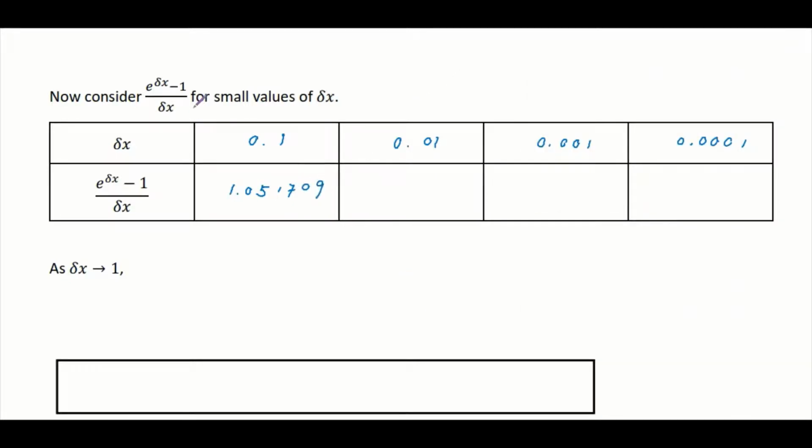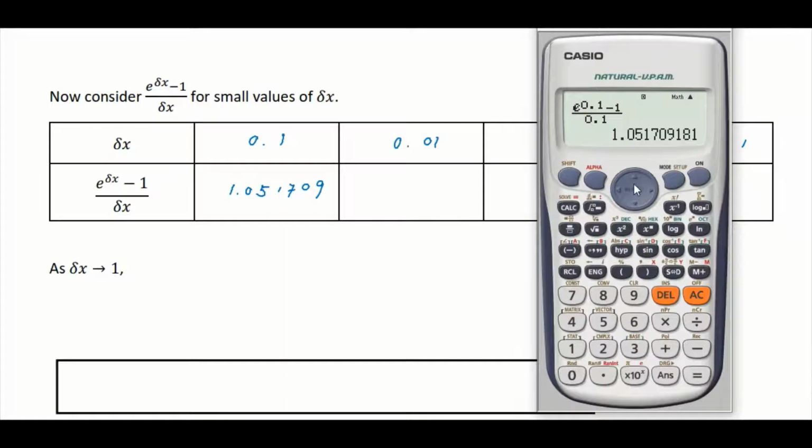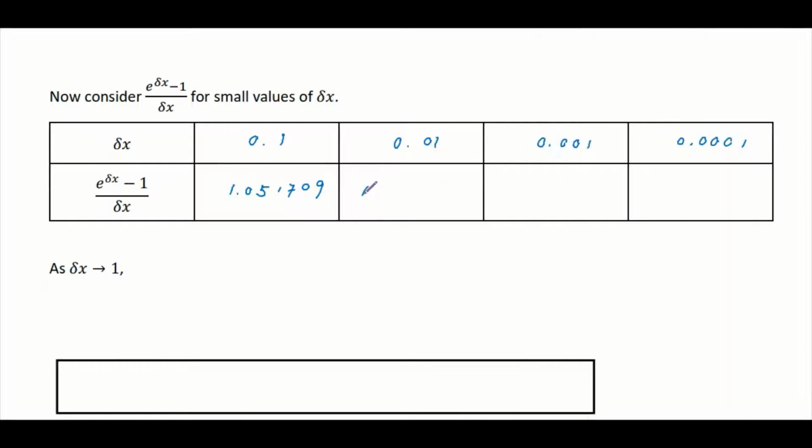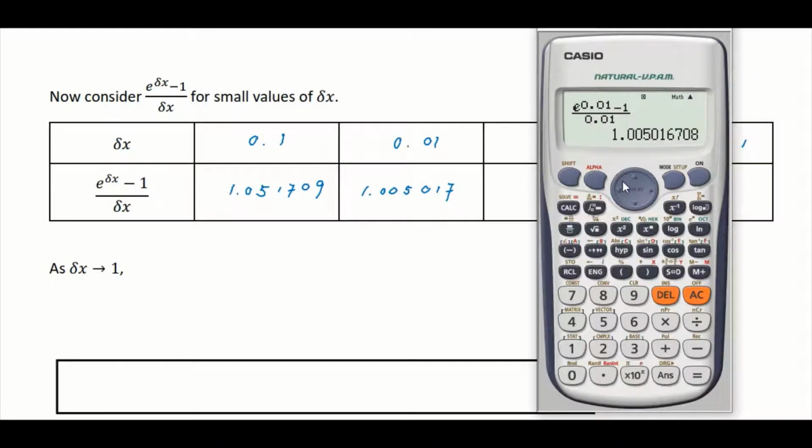Okay, the same thing. Let us go to the second one, where you change 0.1 to 0.01. What will you get? You will get 1.005017. Move on to the next one, same thing. Change your 0.01 into 0.001.